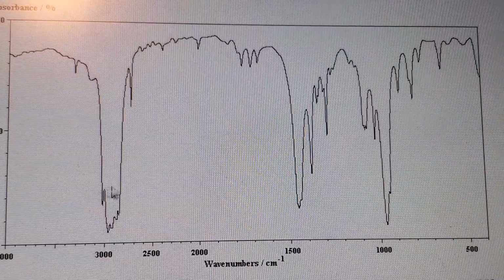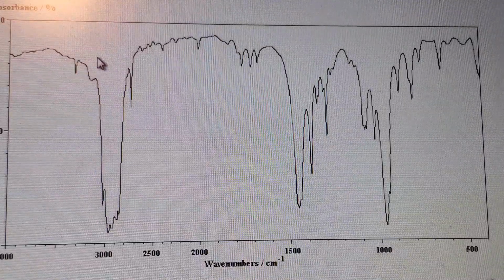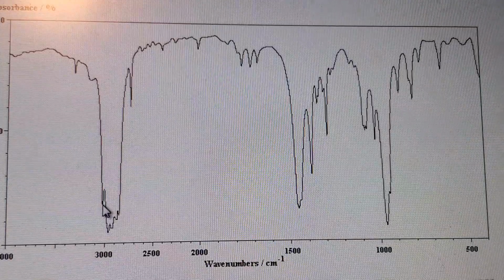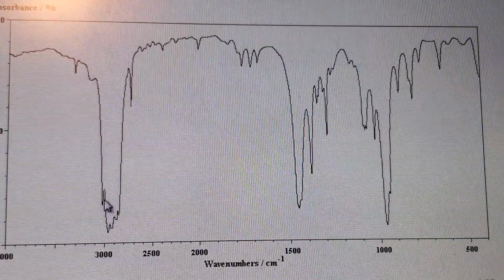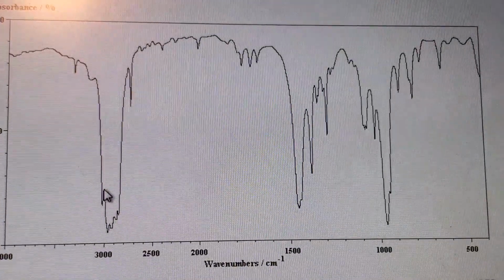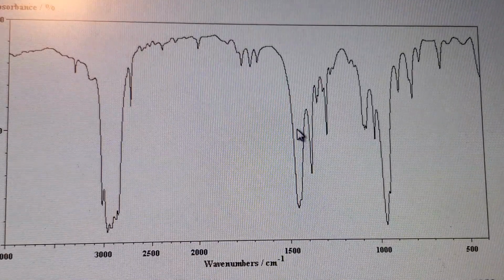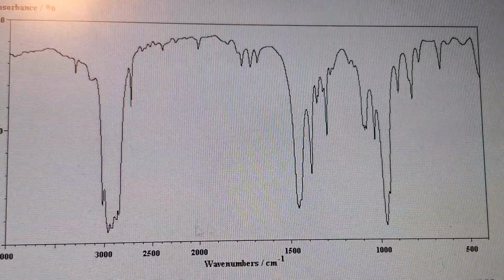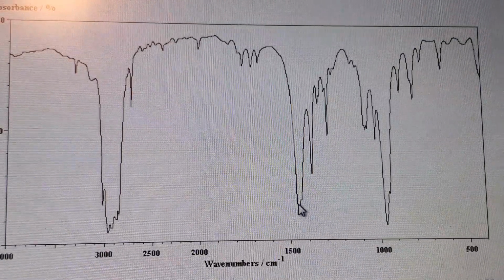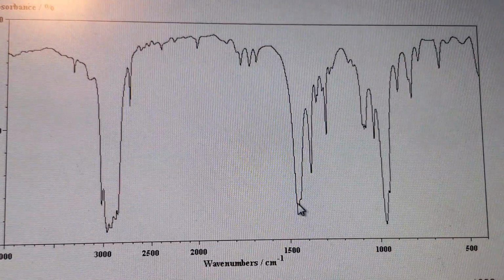So the actual intensity for the CH may not be as tall as from here, 0, all the way here, almost like 85 or something percent. It may be only like 10% or a little more. So that's okay. But this is quite fat for the carbon-carbon double bond, and quite intense. So this means this is polar. It may have a polar functional group inducing partial charge on the double bond. So you can check other stuff.